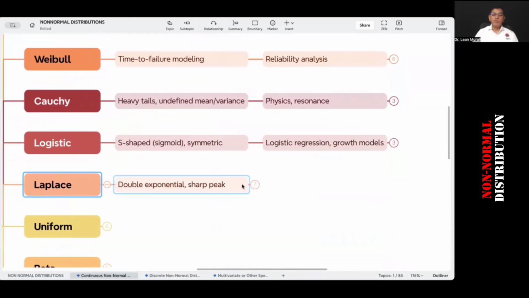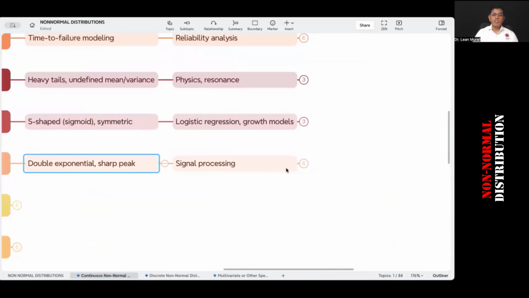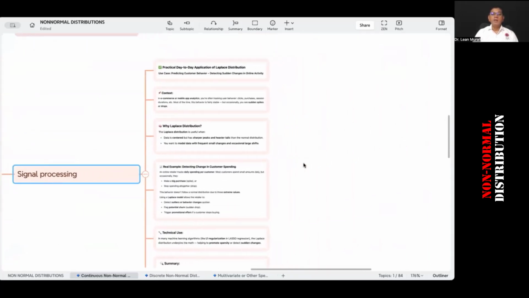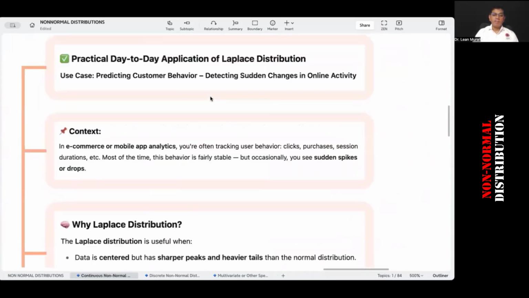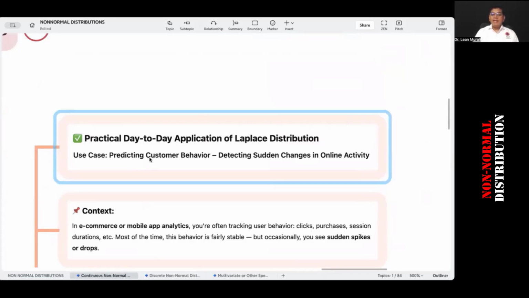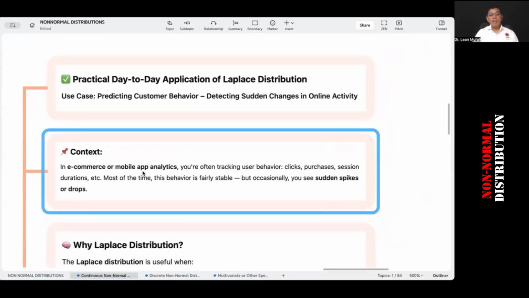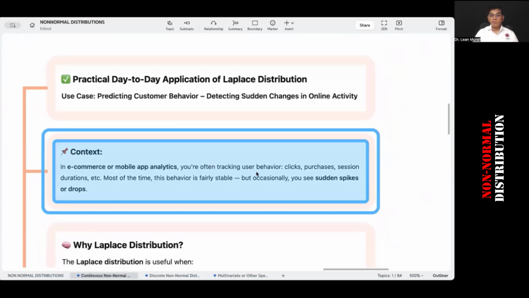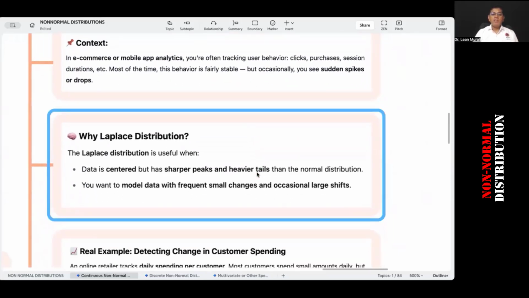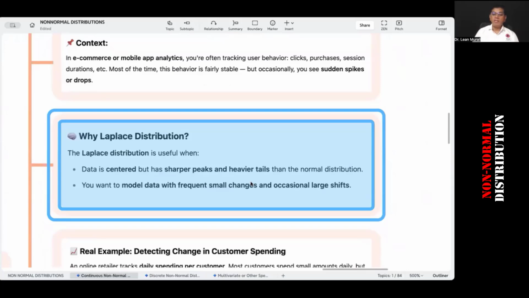Now, Laplace distribution: the double exponential with a sharp peak, used in signal processing. The practical example here is predicting customer behavior and detecting sudden changes in online activity. The context is e-commerce or mobile apps, where you often track user behaviors, such as how many clicks, how many purchases, and session durations. With Laplace, the data is centered but has sharper peaks and heavier tails.